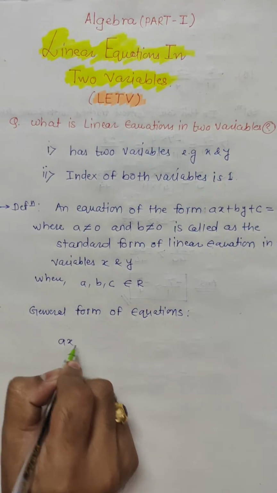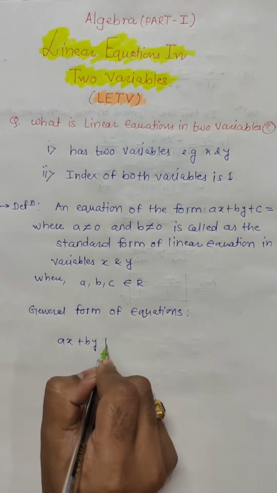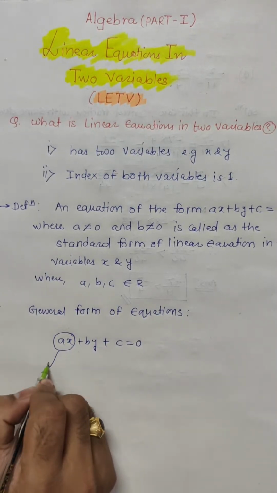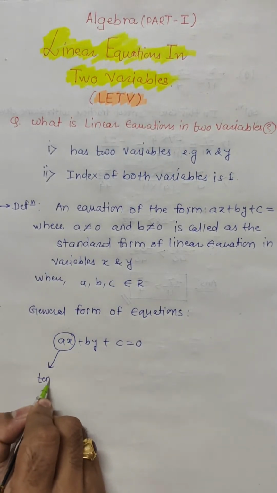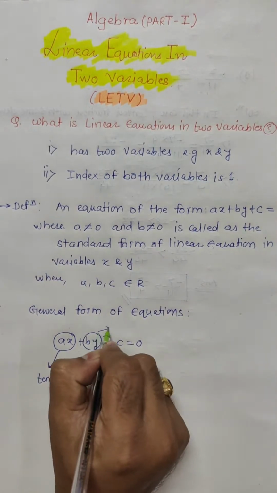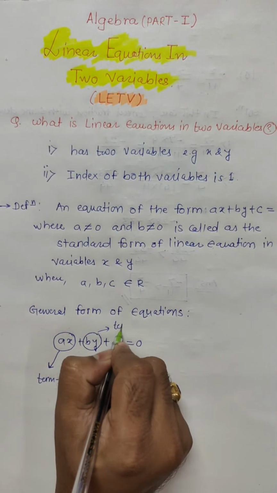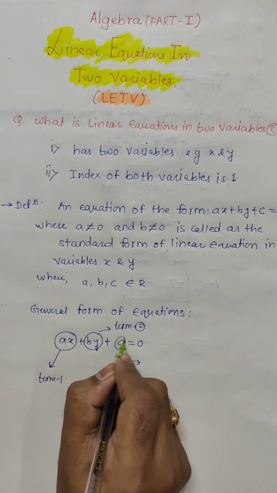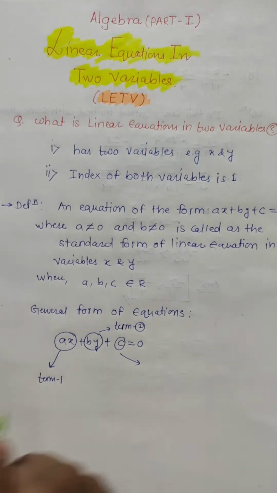So ax plus by plus c is equal to 0. This is the first term, with variable x. This is the second term, with variable y, and b will be the coefficient.